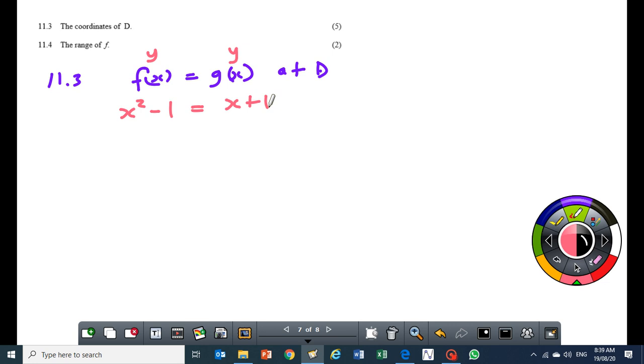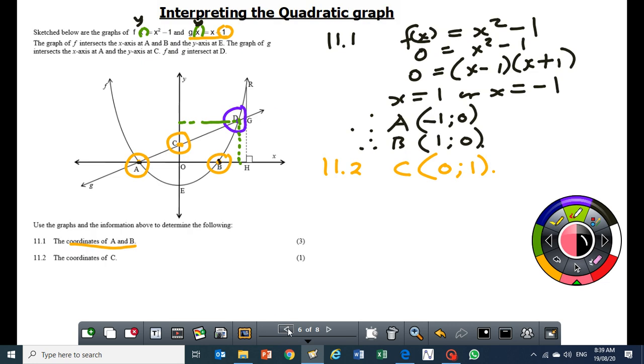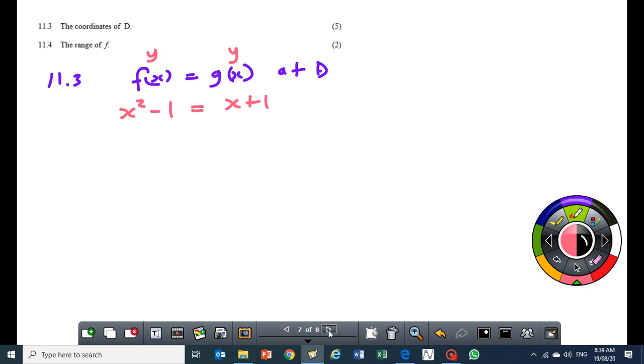They are given. So we are saying since the left-hand side of the two equations are the same, it means the right-hand sides are equal. That's why we are substituting f of x by x squared minus 1, g of x by x plus 1. When we get here, the rest is great, is term one work.